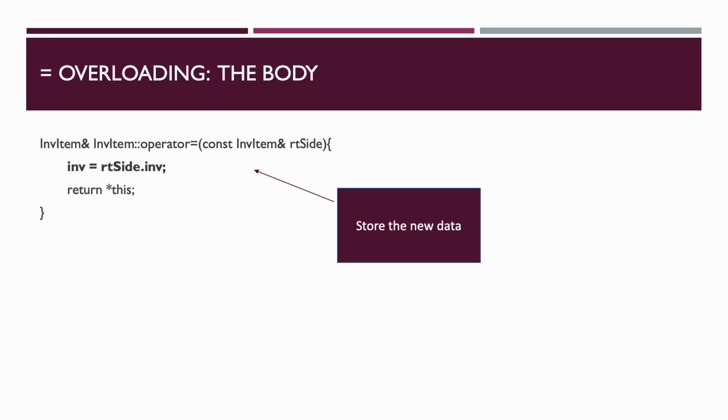So we are storing the new data in the current object by copying it from the right hand side of the assignment. So this is how it works. Then returning the calling object. As I just said earlier, this is just returning the calling object.